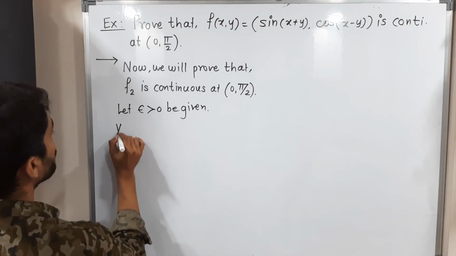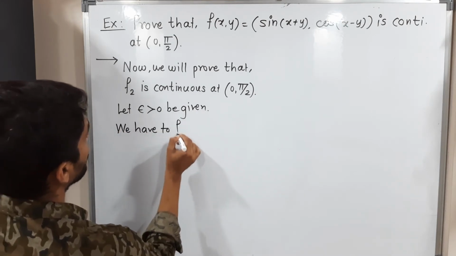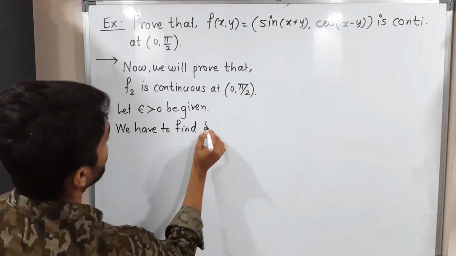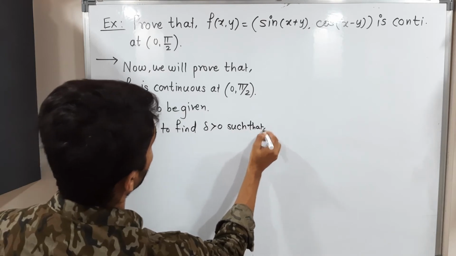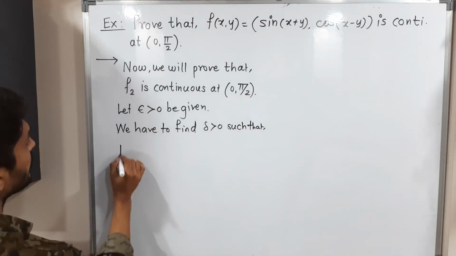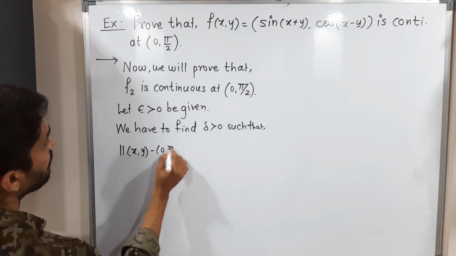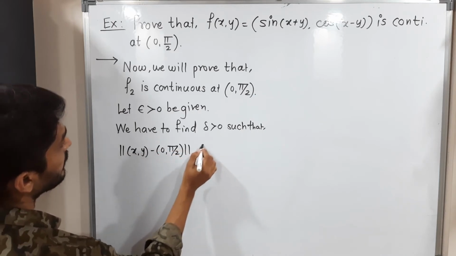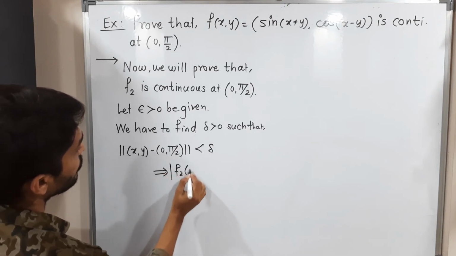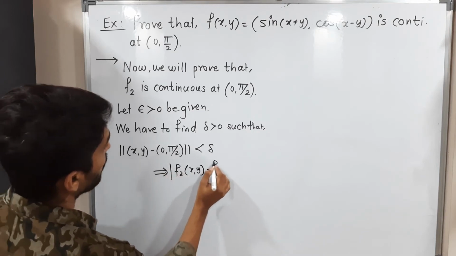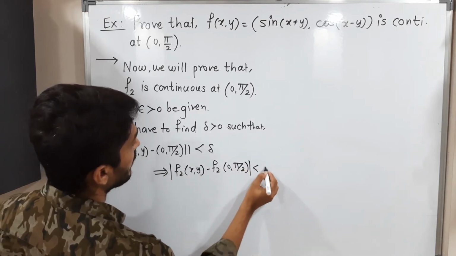So we have to find delta greater than 0 such that norm xy minus (0, pi by 2) less than delta implies mod f2 of xy minus f2 of (0, pi by 2) less than epsilon.